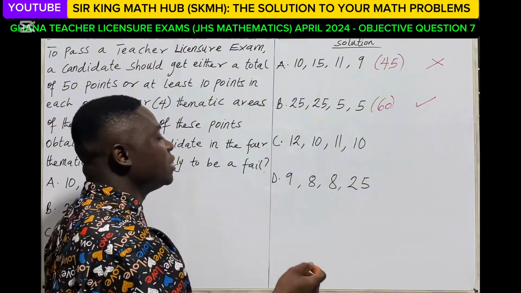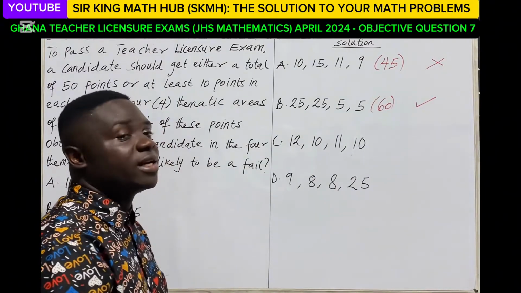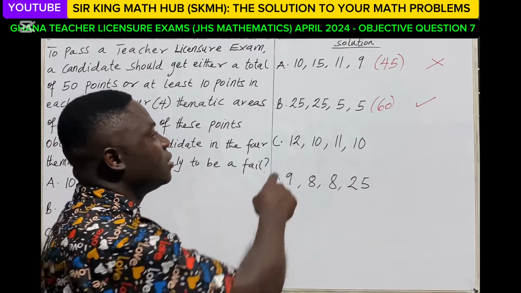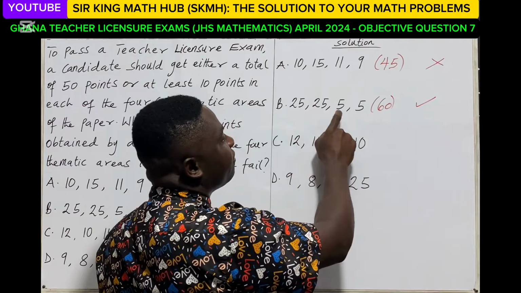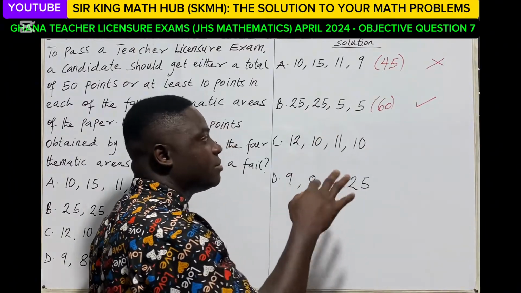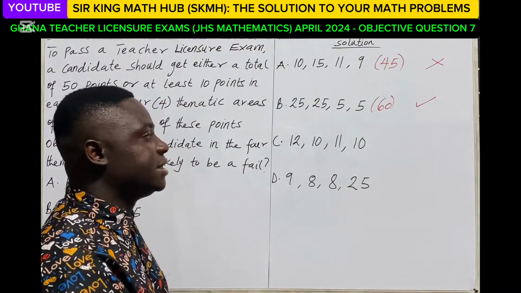With the second condition, the student should also get at least 10 points from each of the 4 thematic areas. 25 is more than 10, 25 is more than 10, 5 is less than 10. But because the first condition has been satisfied, this student will pass the exams.